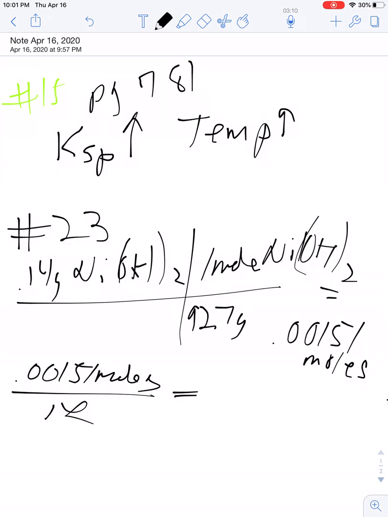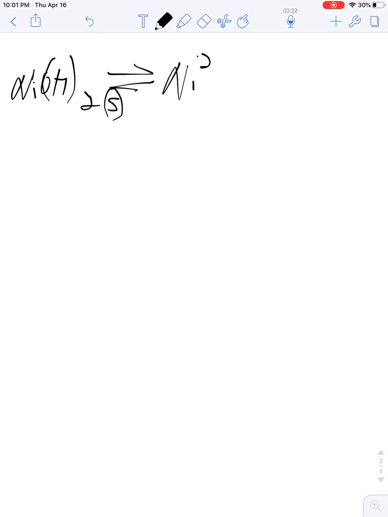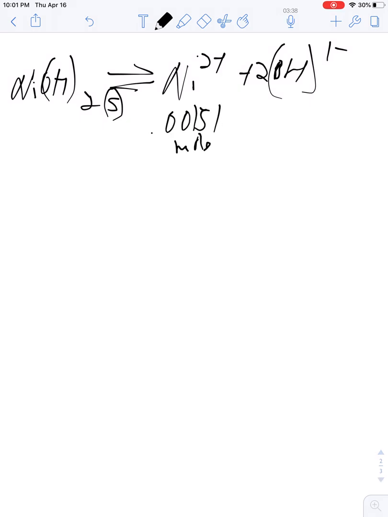So the equation for dissolving is: a very small amount of nickel is going to dissolve, and a very small amount of hydroxide is going to dissolve. Okay, so they told us how much dissolves. The amount of nickel that dissolves is 0.00151 moles.